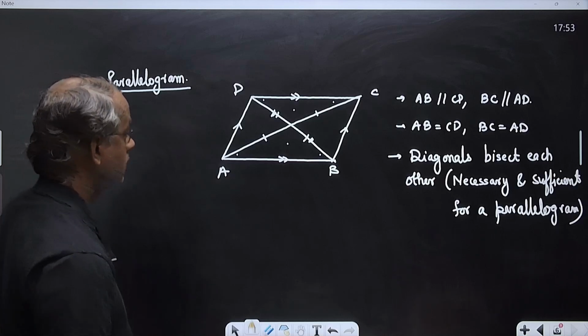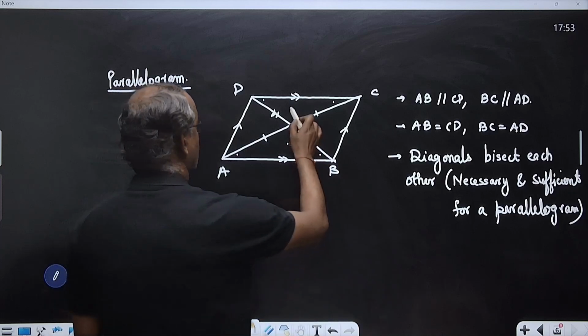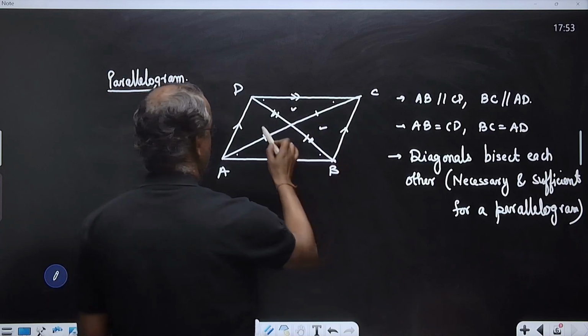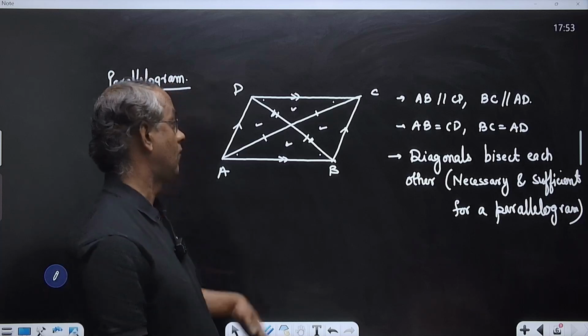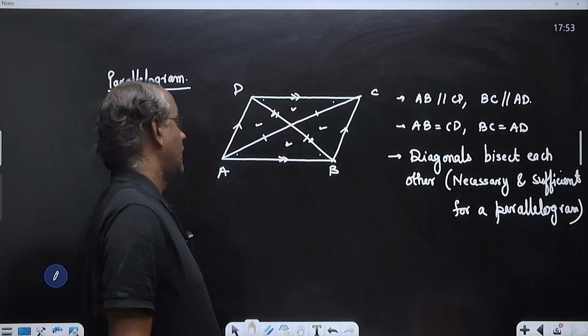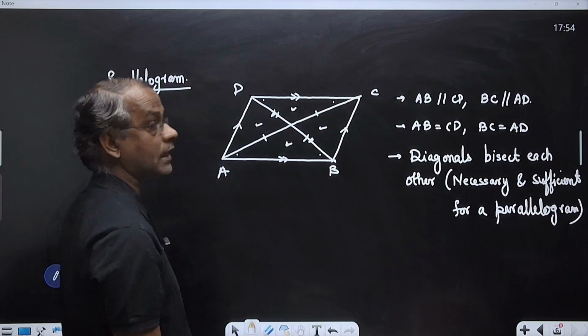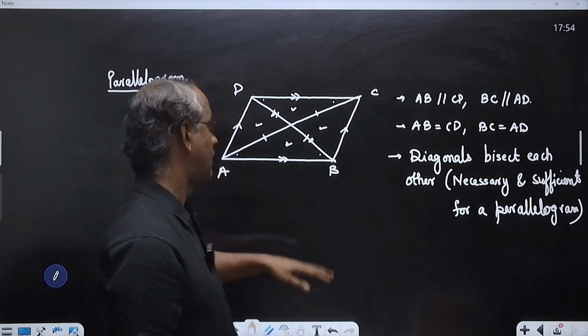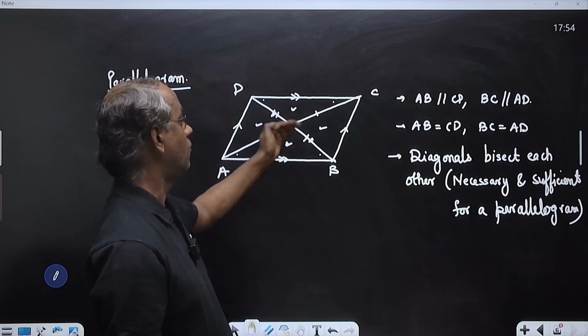Now, you are able to see that all four triangles are of equal area in a parallelogram, or these two. A diagonal divides a parallelogram into two triangles of equal areas. You can see this and this. These two triangles are going to be congruent.